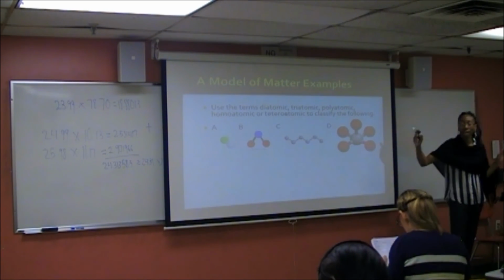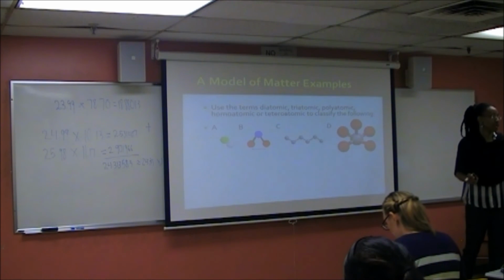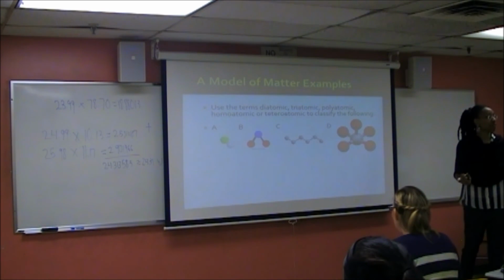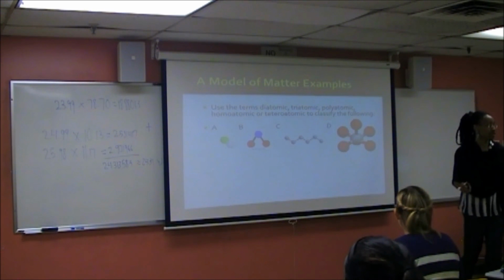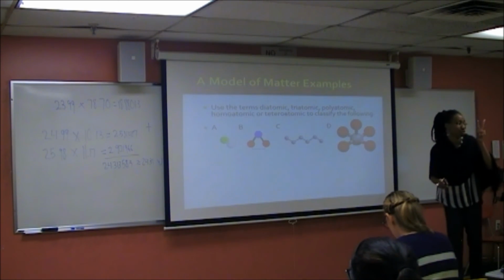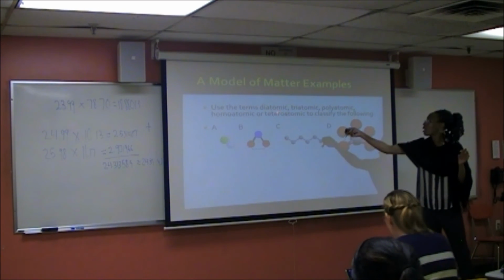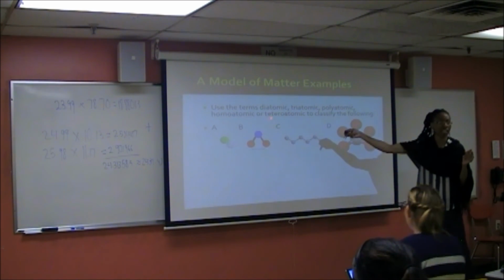Elizabeth, A. We are going to classify these as diatomic, triatomic, polyatomic, homoatomic, and heteroatomic. So what is A? First off, don't you see an H there? Sabrina, don't you see an H right there?